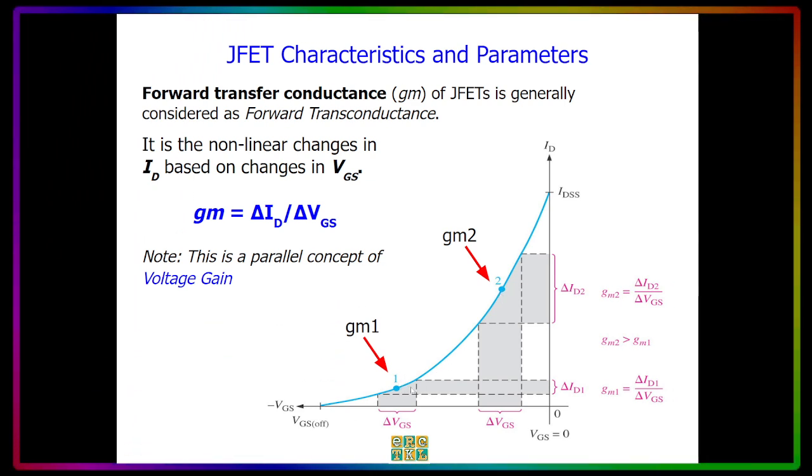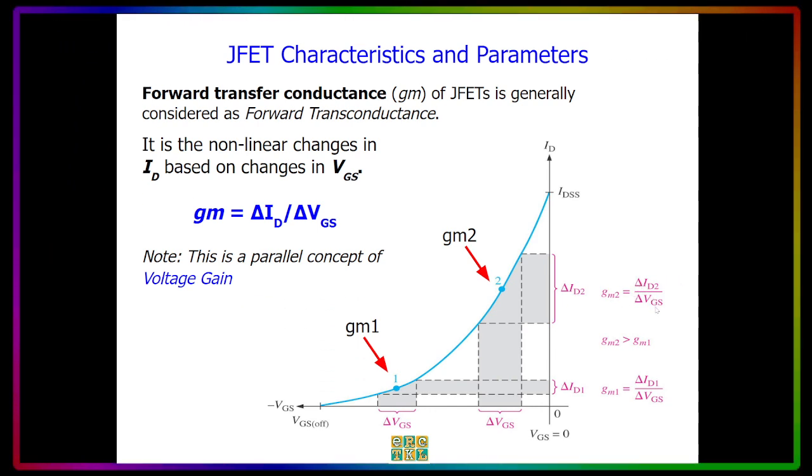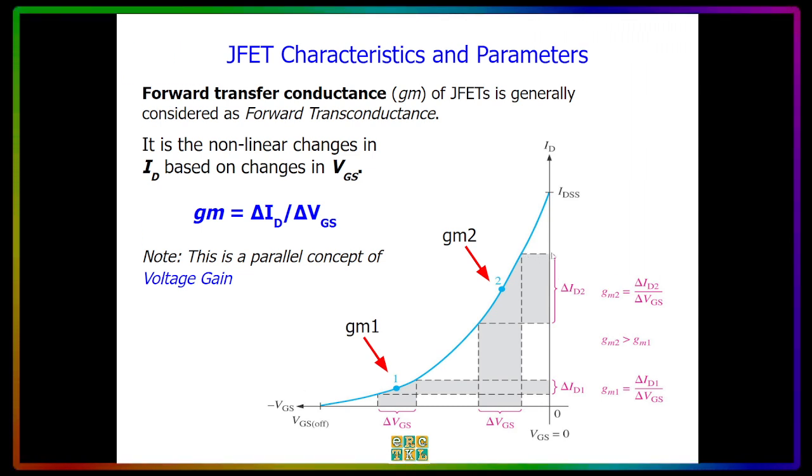It means you need to put 2 points, and this point, let's call it GM2, and this point, let's call it GM1. So the GM2 will be equal to delta ID2 divided by the VGS, and this is what we call GM2. So ID over VGS. And GM2, of course, must be greater than the GM1. Now, the delta ID2 means you will subtract ID2, the ID here and the ID here.